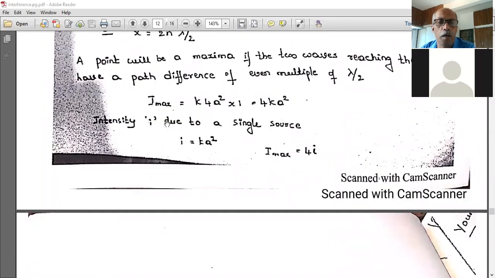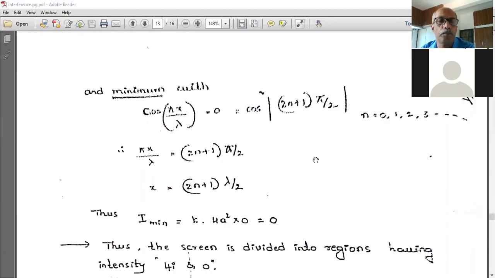The intensity due to a single source, small i, equals ka square. Then I maximum will be equal to 4 times the intensity due to the single source.